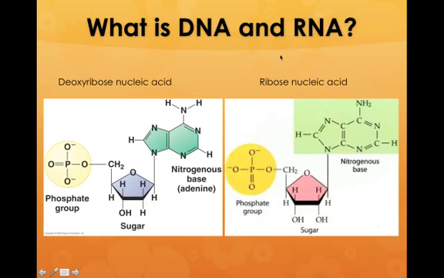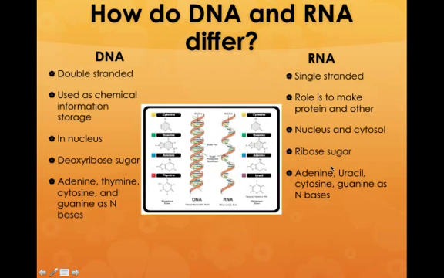We're really going to be focusing on DNA right now, because DNA is the storage of information that the cell, the body, and the organism need in order to make all the things they need to survive and do what they do. So we're focusing on deoxyribose nucleic acid in this first part. We will talk about RNA later on, but for now we're talking about DNA replication.